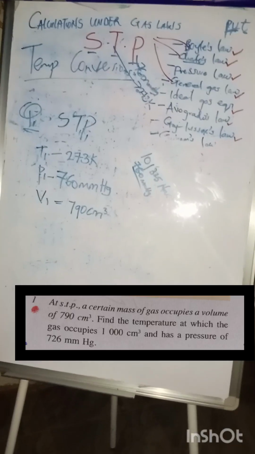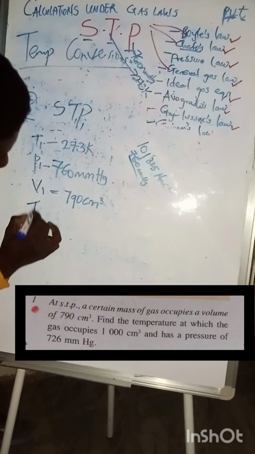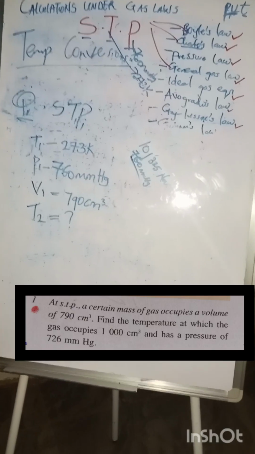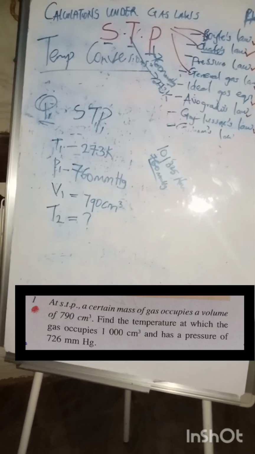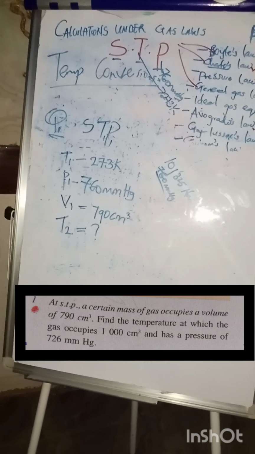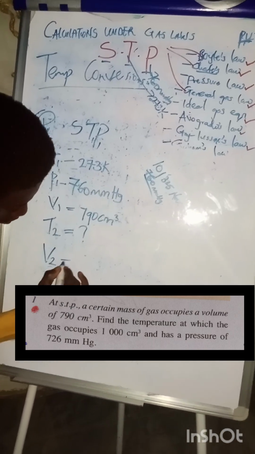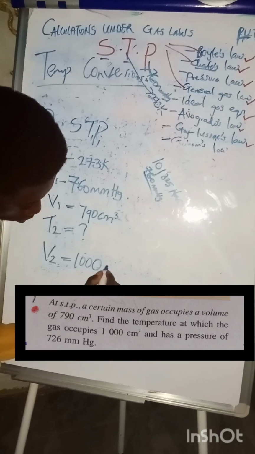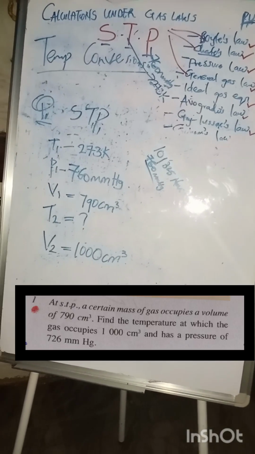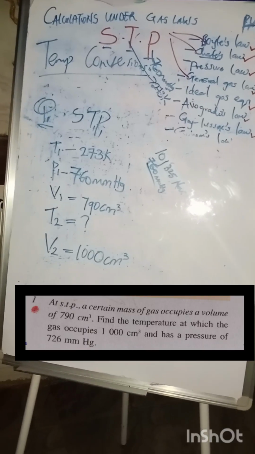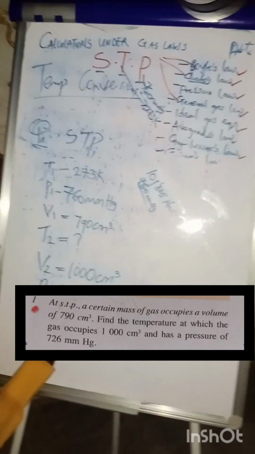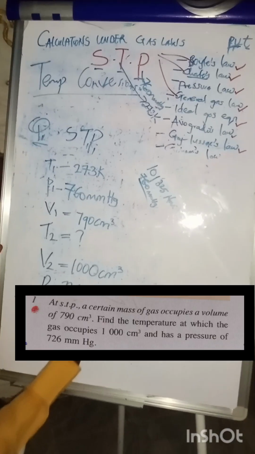Find the temperature we are looking for, the second temperature, at which the gas occupies 1000 cm cube. That means my volume 2 is 1000 cm cube, and has a pressure of 726 millimeter mercury. So finally my P2 is 726 millimeter mercury.